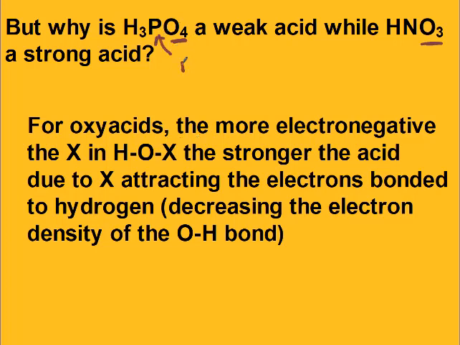This one has an X of P, while this one X is N. So X is any element that wasn't our H or O. Nitrogen is more electronegative than P, which means nitrogen will be more effective at attracting the electrons away from that O-H bond, weakening the O-H bond, allowing more hydrogens to come off.